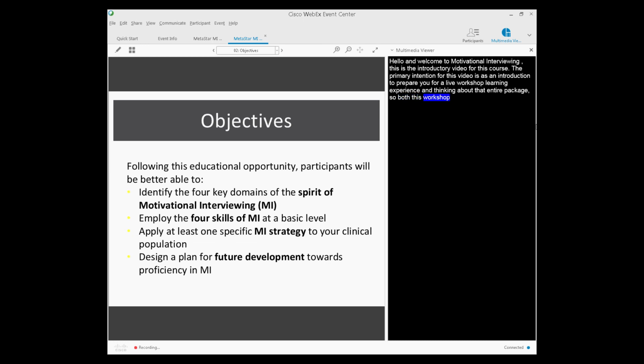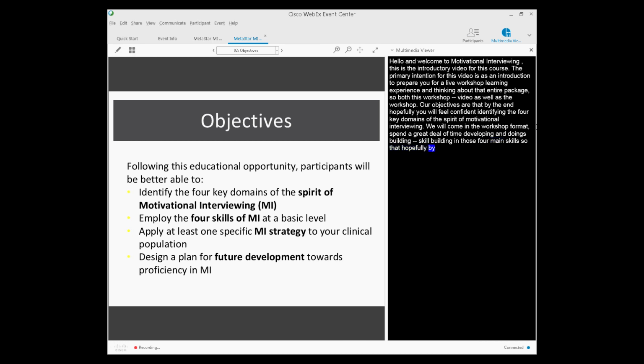Our objectives are that by the end, hopefully you'll feel confident identifying the 4 key domains of the spirit of motivational interviewing. We will, in the workshop format, spend a great deal of time doing some skill building and developing your skillfulness in those 4 main skills of motivational interviewing so that hopefully by the end you would feel confident using them at a basic level.